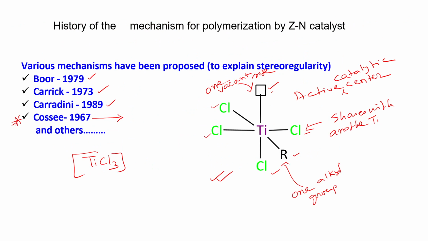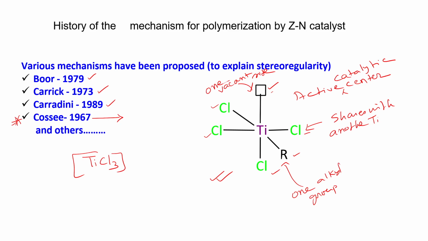For the reaction, there are many mechanisms proposed for how this Ziegler-Natta catalyst behaves, how it does its polymerization, and how stereoselectivity comes. So there are many proposals. Firstly, Cossee, Corradini, Sebor, and many other scientists have proposed this particular mechanism, and we will discuss the most accepted one.